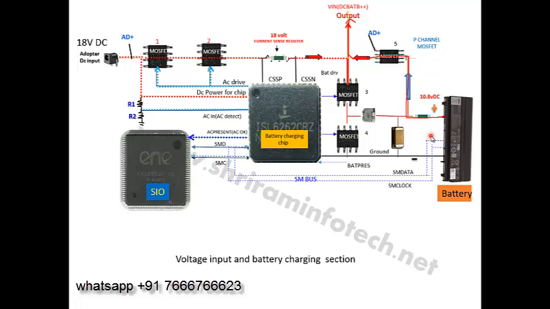If these pulses are coming, that means the battery is communicating with the SIO. If that doesn't happen, then the possibility could be that the battery is faulty or the SIO is faulty, or sometimes the EC BIOS is corrupt. So we saw in this way how to solve battery related problems and the charging section. Thank you very much for watching this video.